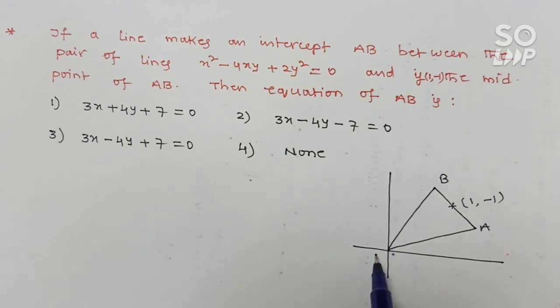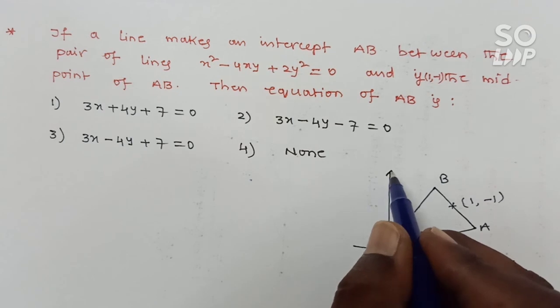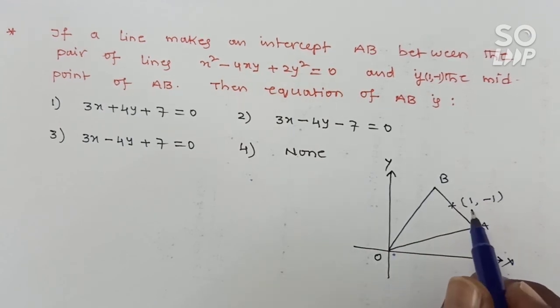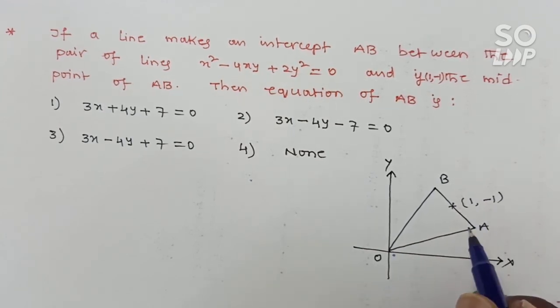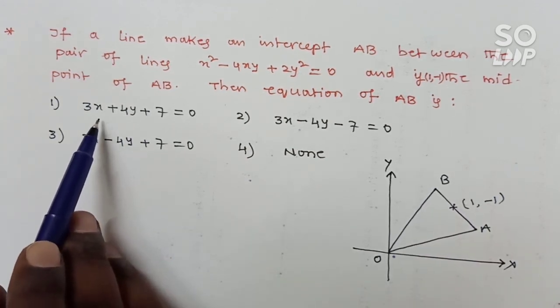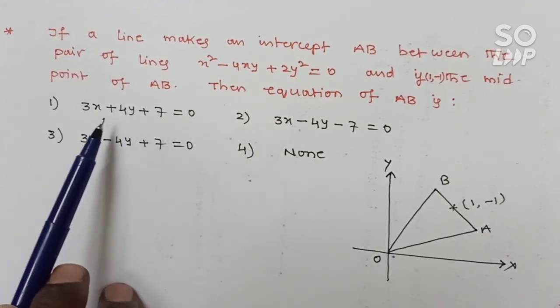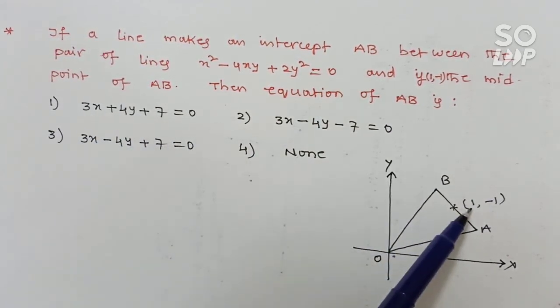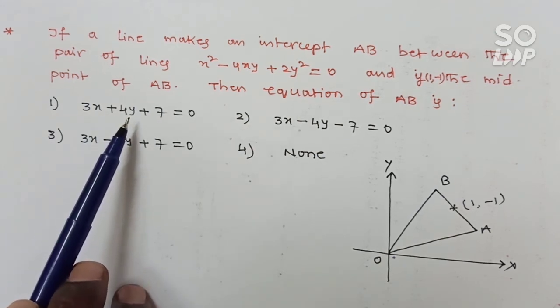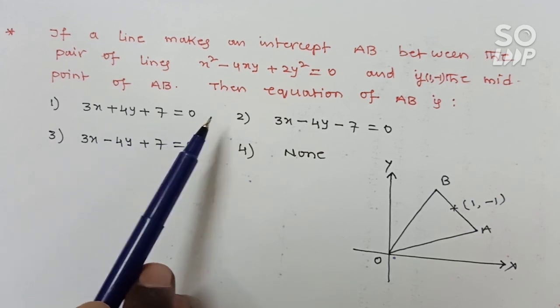So one method is the verification method. What is that verification method? Here 1 comma minus 1 lies on AB. That means verify one by one all these options. We will see that by substituting the point 1 comma minus 1, this one will not satisfy. 3 minus 4 plus 7 is not equal to 0.